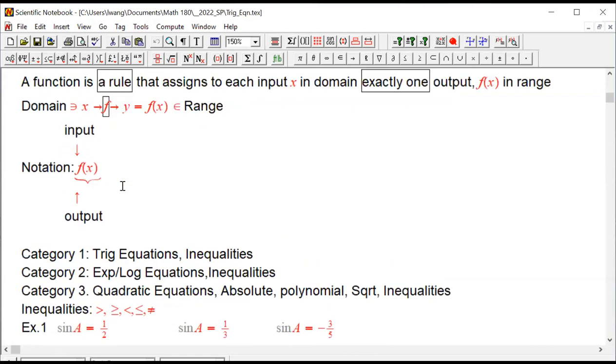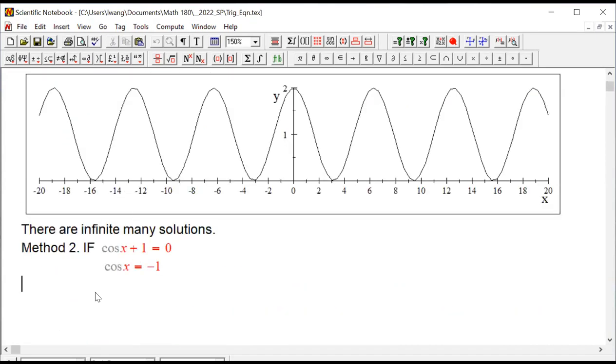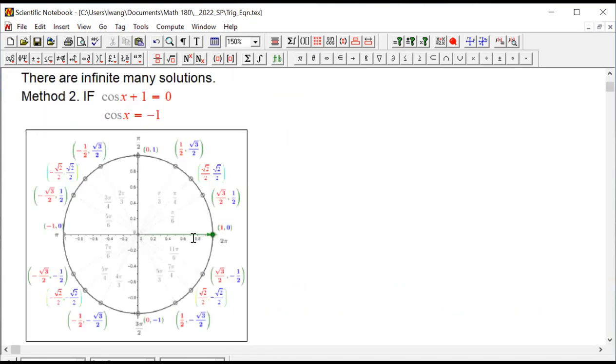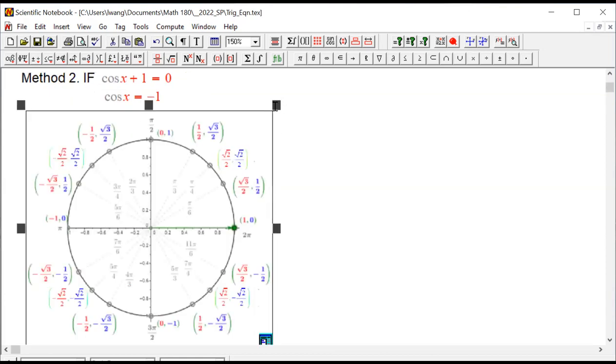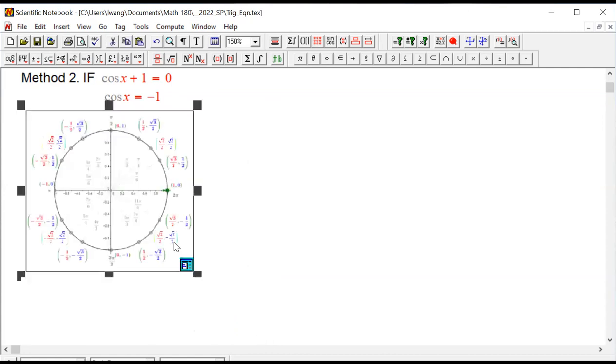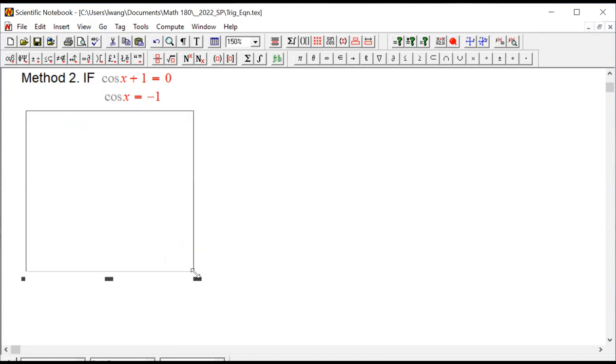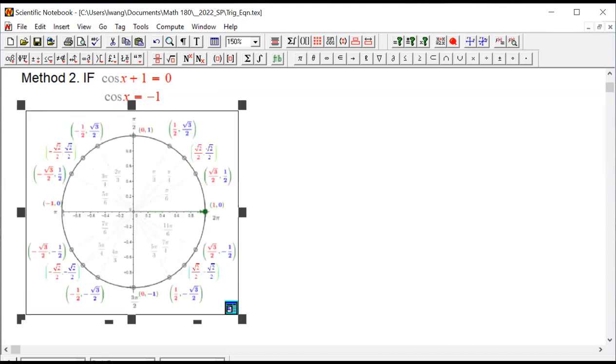So the second method, we can also combine with looking at the unit circle. When we look at the unit circle, it's even more obvious. You look at the red number. When would the red number equal -1? Do we see it? It's right there.